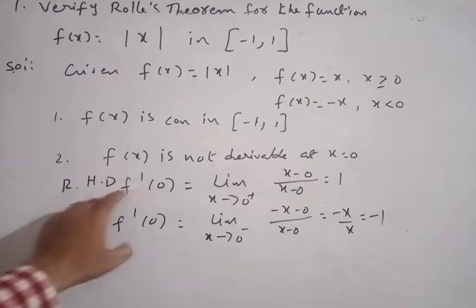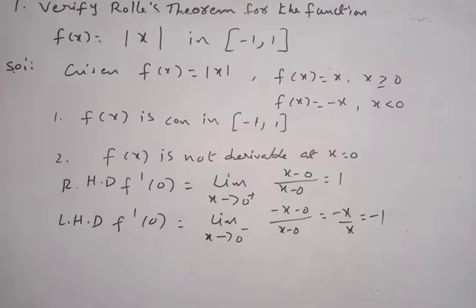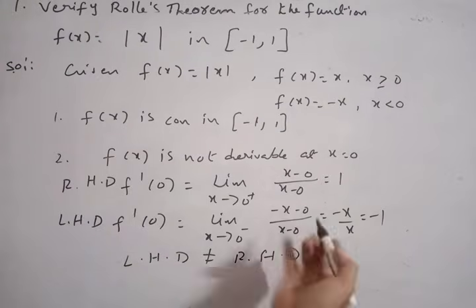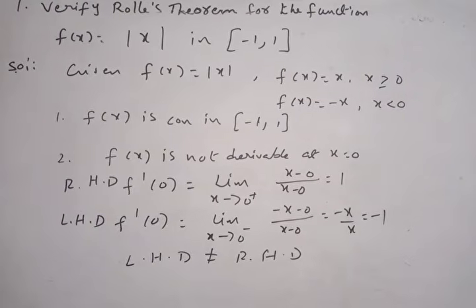So the right hand side derivative is +1 and the left hand side derivative is -1. Therefore LHD is not equal to RHD, so f(x) is not derivable at x = 0.